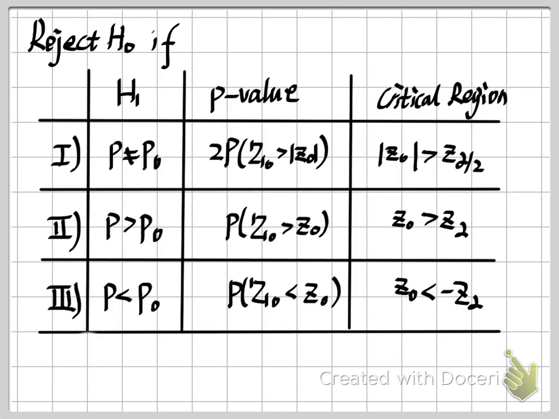For the second one, Z0 is greater than Z alpha, so now we work on the right tail. For the left tail, which means P smaller than P0, the critical region is Z0 smaller than negative Z alpha. So this is the table for how we can do the hypothesis test of a population proportion.